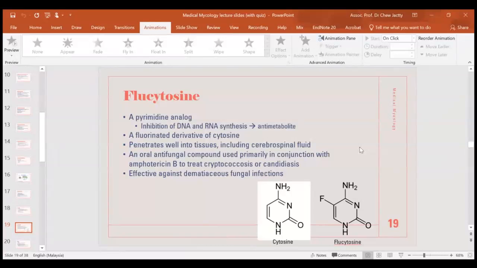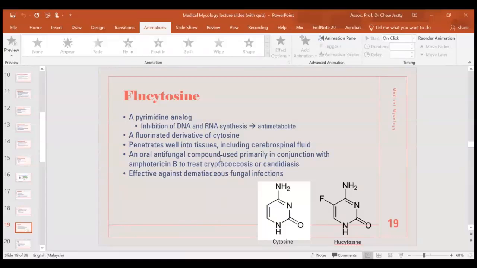It is used as an oral antifungal and can be used in conjunction with amphotericin B to treat different mycosis such as cryptococcosis and also candidiasis. This is a combination drug. They are also effective against dematiaceous fungal infections.